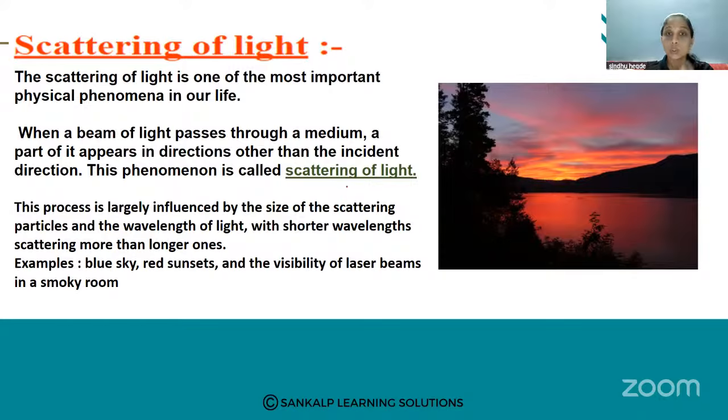Due to the size of the particles, the scattering occurs. Once the light comes from the sun, when it passes through our atmosphere, which contains different size of particles, and the light hits these particles, it gets spread in different directions. That is called scattering of light.